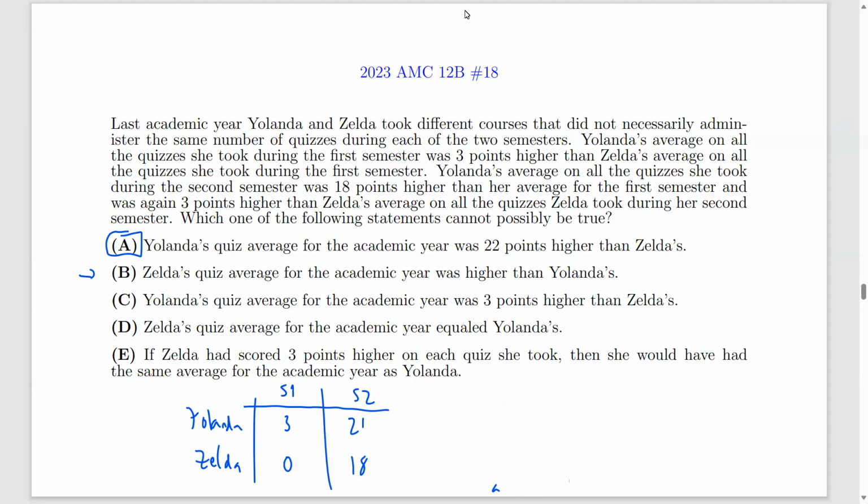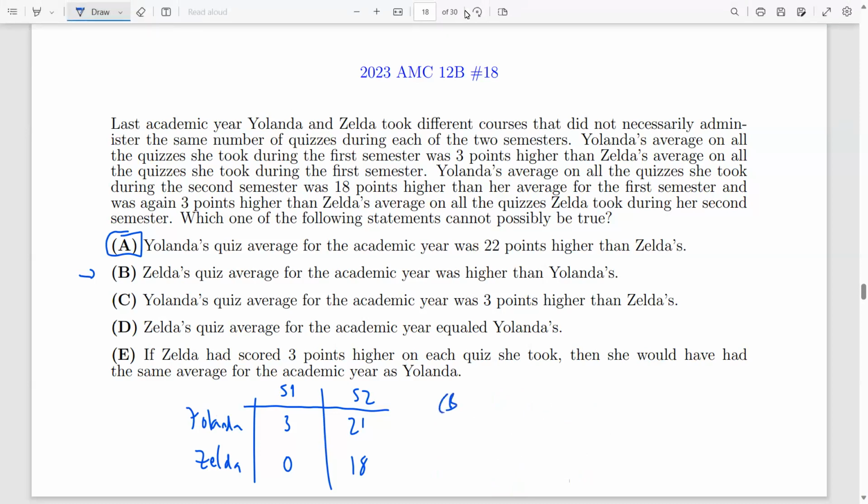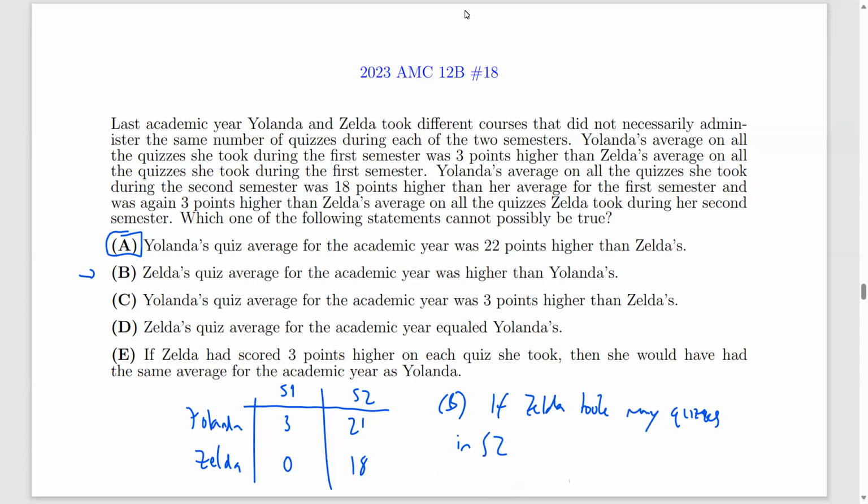Right, so for choice B, if Zelda took many quizzes during semester 2 compared to semester 1, then Zelda's average would be close to 18. Yolanda's average could be anywhere between 3 and 21.